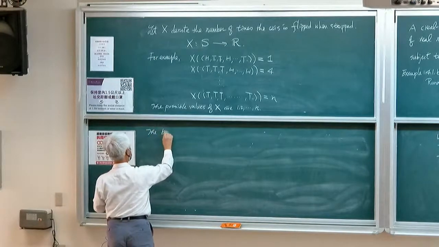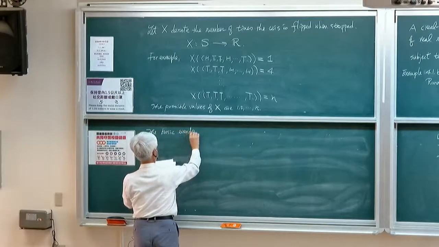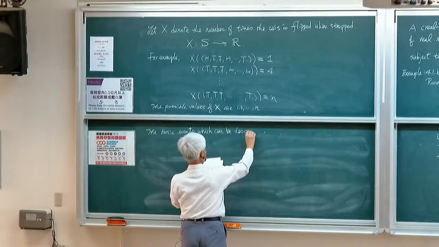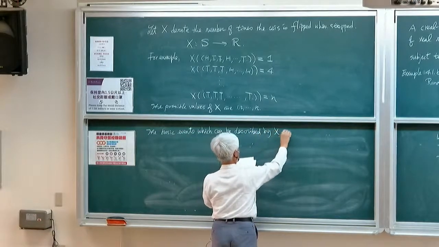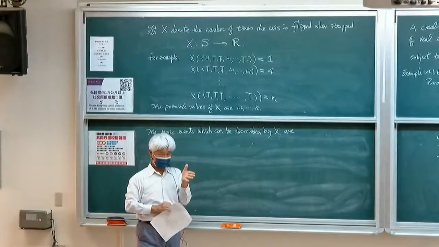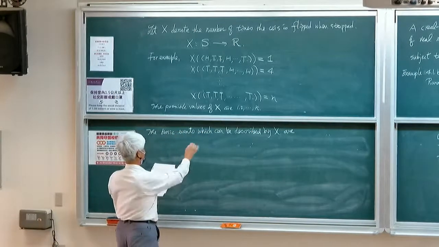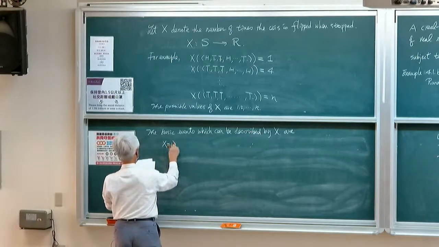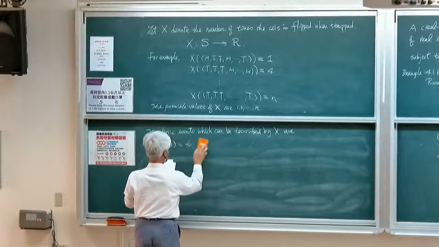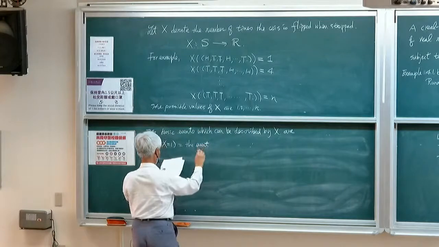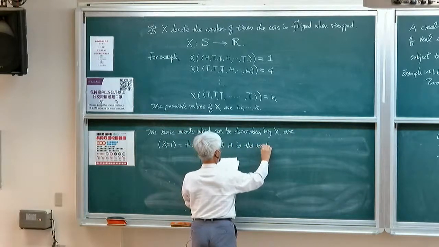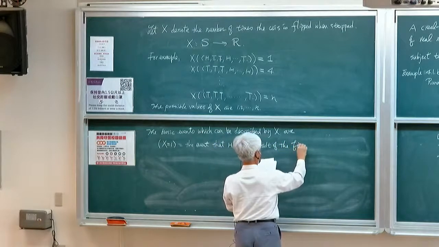This is saying that the basic events which can be described by X are, because the possible values of X are 1, 2, 3 up to n, X equal to 1, which is the event that H is the result of the first flip.